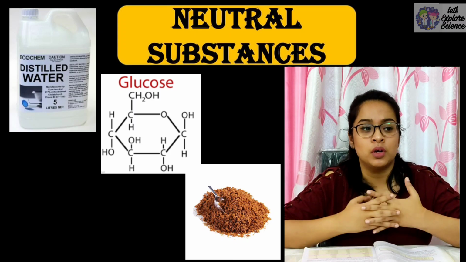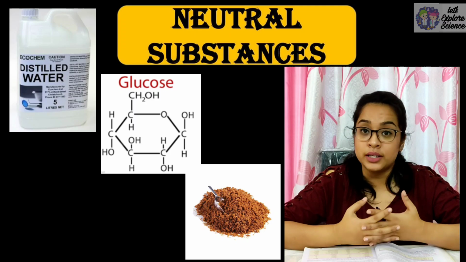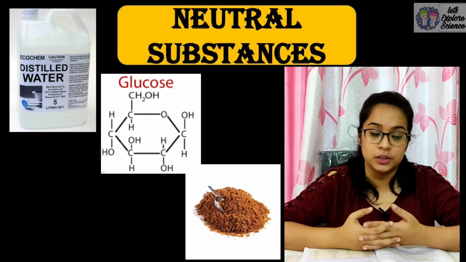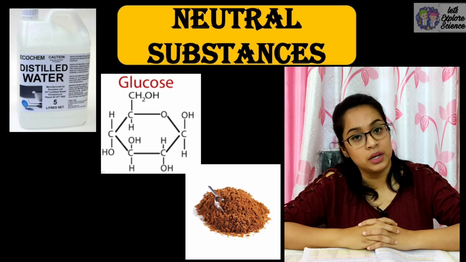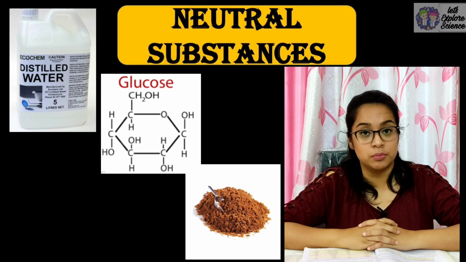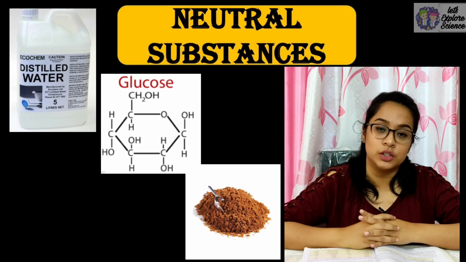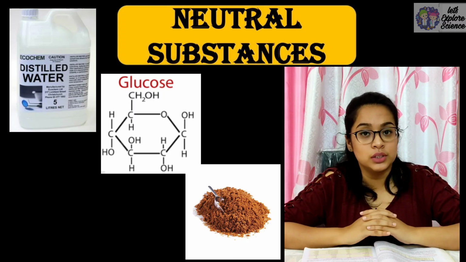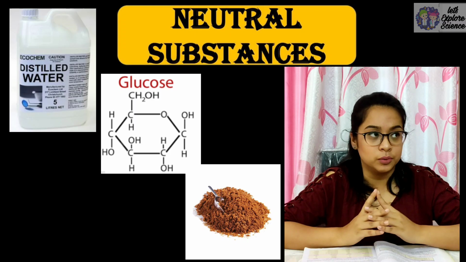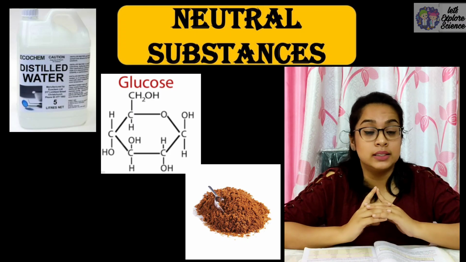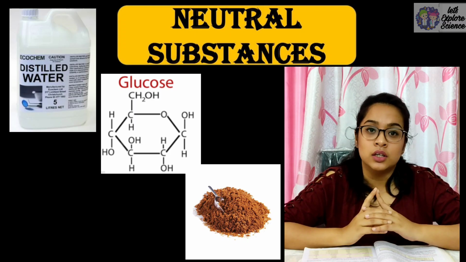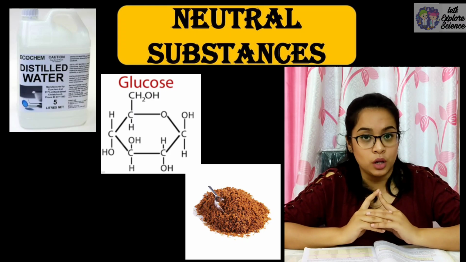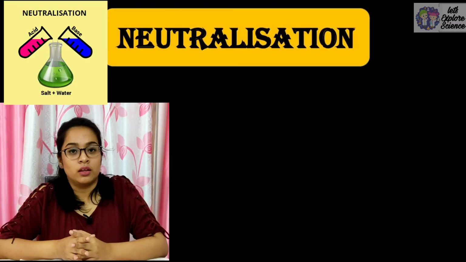Like if you dip red litmus paper in a neutral solution, then the red litmus will remain red, and if you dip blue litmus, then the blue litmus will remain blue. Some examples of neutral substances are water, mainly distilled water, then glucose, cane sugar. These are examples of neutral substances.